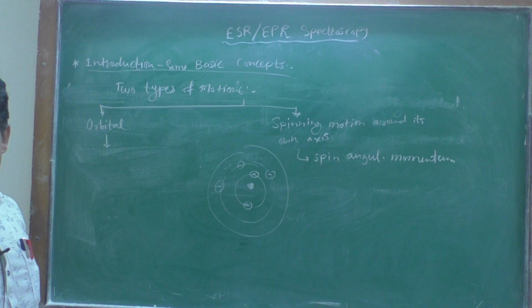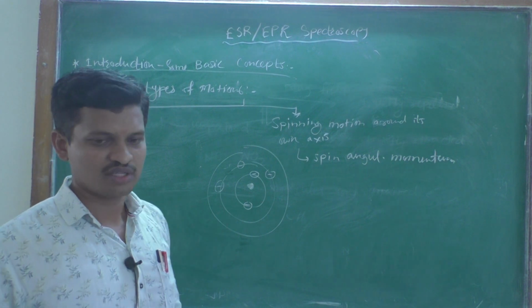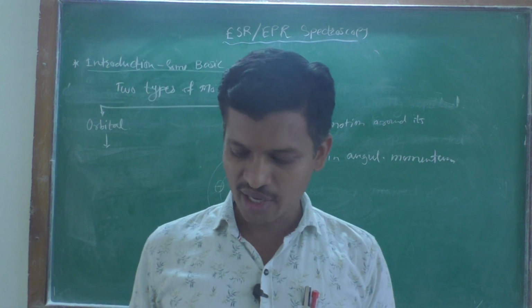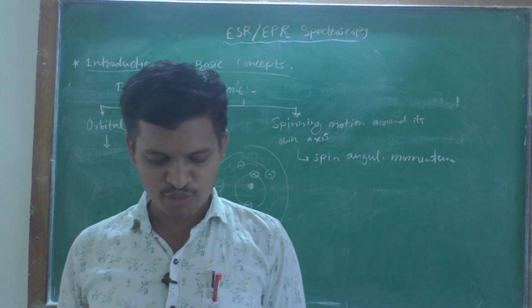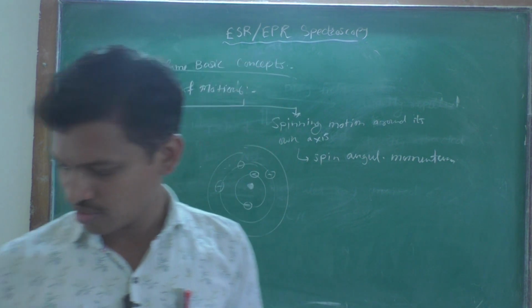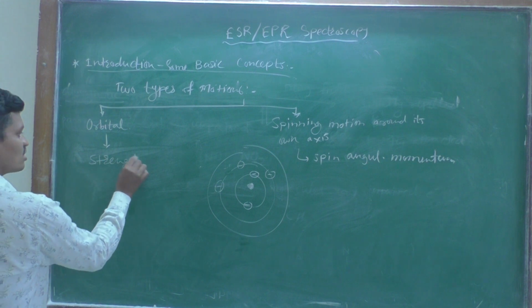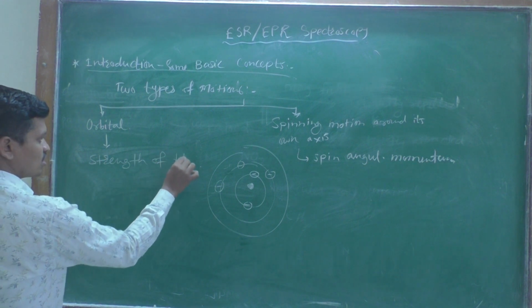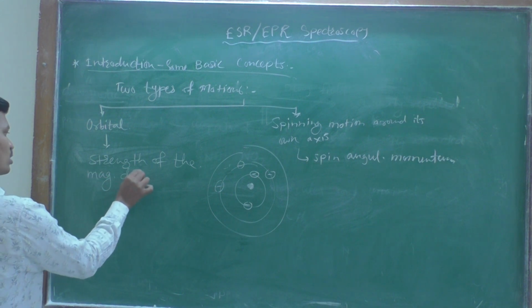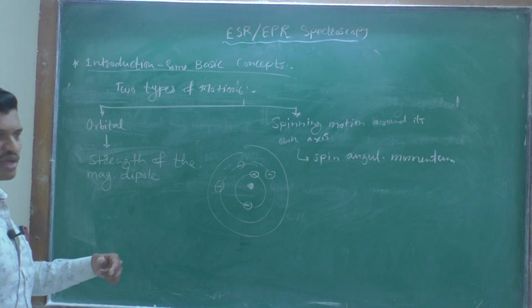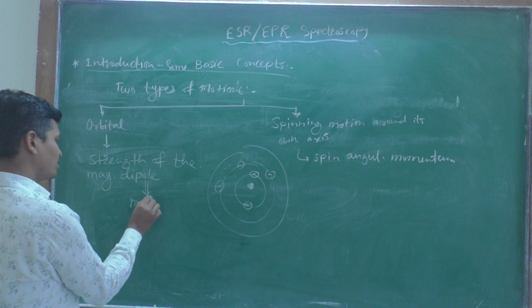The strength of the magnetic dipole is expressed in terms of magnetic moment.